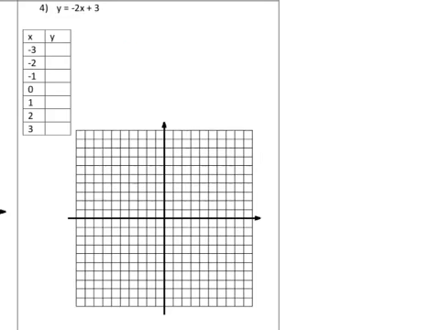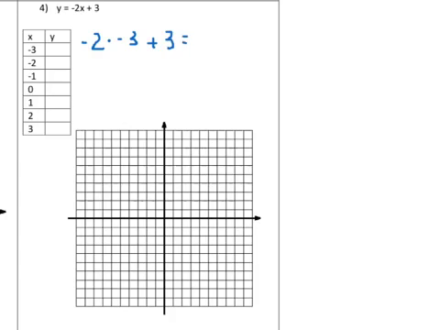With number 4, we are going to plug our x's here in for the x in the equation, which means we need to multiply negative 2 times whatever x is, and then add 3. So the first one, I'm going to do negative 2 times negative 3, and then I'm going to add 3 to that.